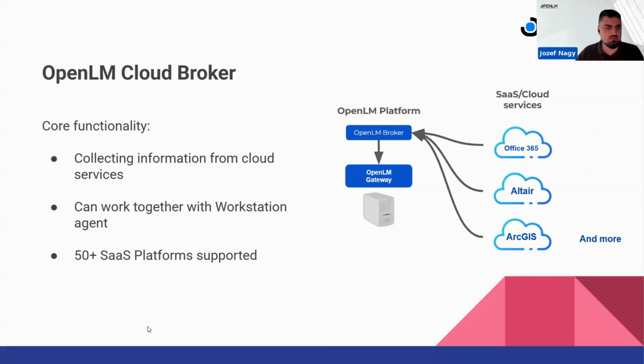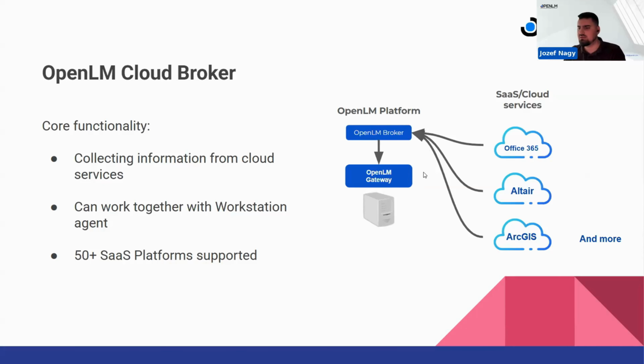Let's go to the next one, which is the Cloud Broker. As I mentioned before, in the OpenLM platform, we also opt for SaaS application monitoring. For that, we created a new component which is called Cloud Broker.